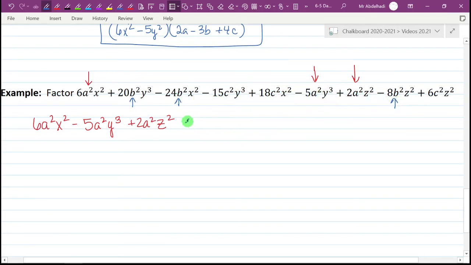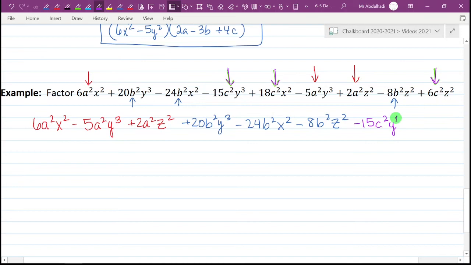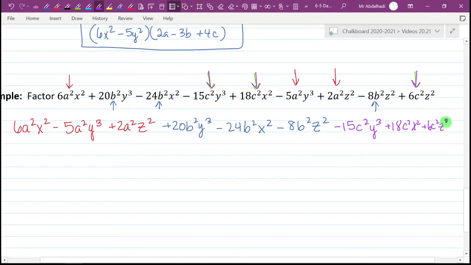So the b's I'll do in blue. And then finally the c's we'll do in green or something. There's a c there, there's a c there, and there's a c on the end here. So we got minus 15c squared y cubed, 18c squared, that thing, and squared. All right, so we have our 3, 3, and 3, and they're grouped according to all A, all B, all C.